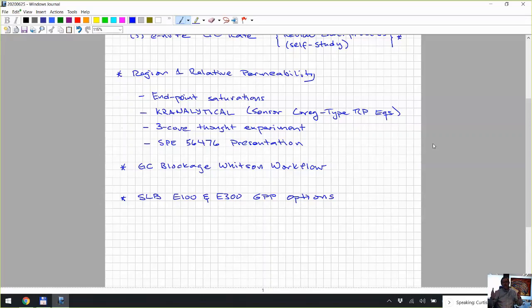Same pressure drop, same fluid flowing through the rocks, everything is the same except the flow rate. So how would the blockage be in each of those meters? One with 1 millidarcy, one with 10 millidarcy, one with 100 millidarcy. So what would be different in the 3 pieces of core?